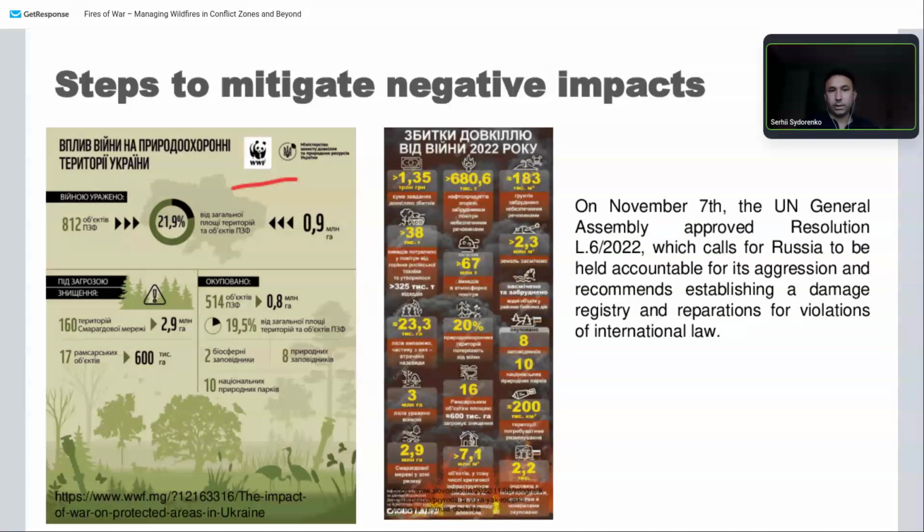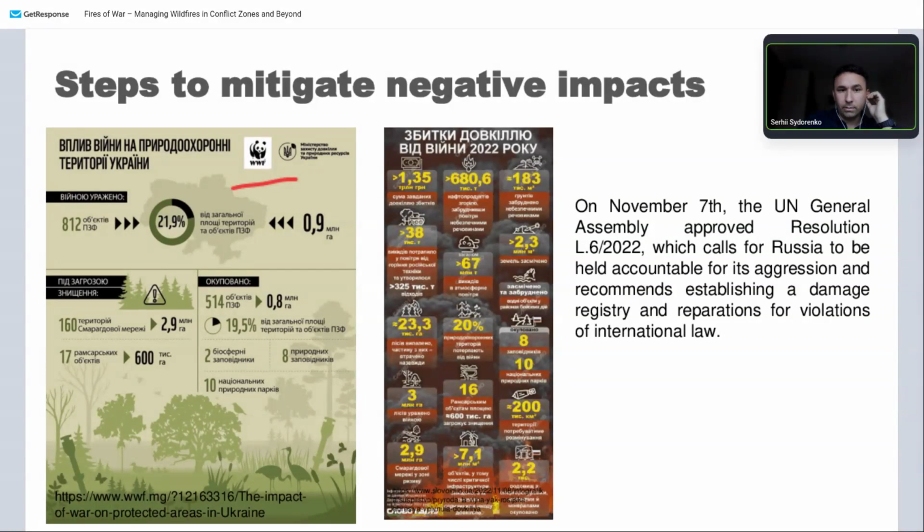Some changes in the legislation were made to highlight the importance of assessing evidence of the ecocides that the Russian Federation commits in Ukraine. But we also need to acknowledge the war's impact on fire regimes, and that it can be an indirect impact.